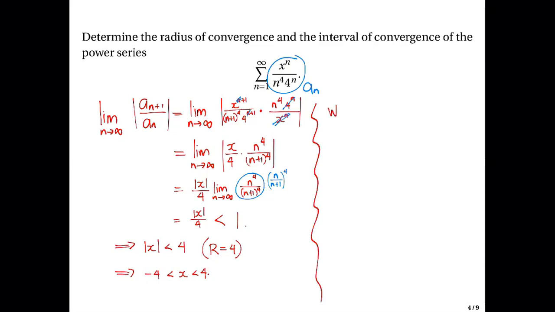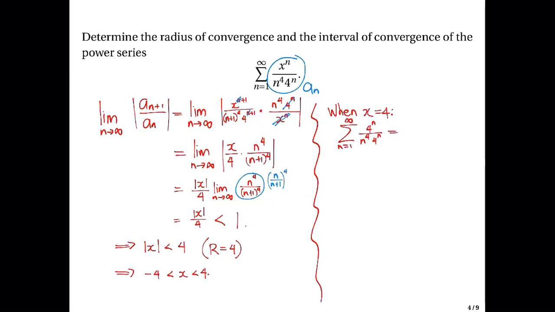So when x equals 4, we have the series sum 4 to the n over n to the 4, 4 to the n, from 1 to plus infinity.